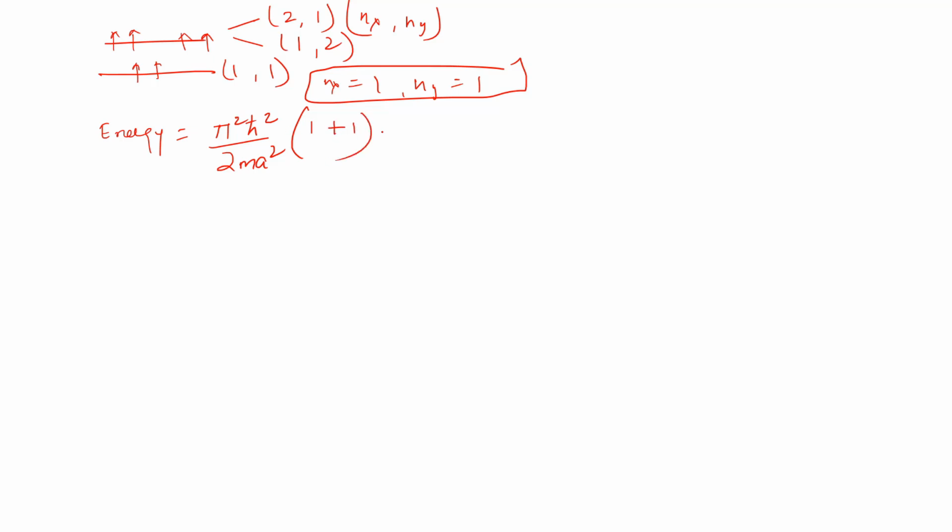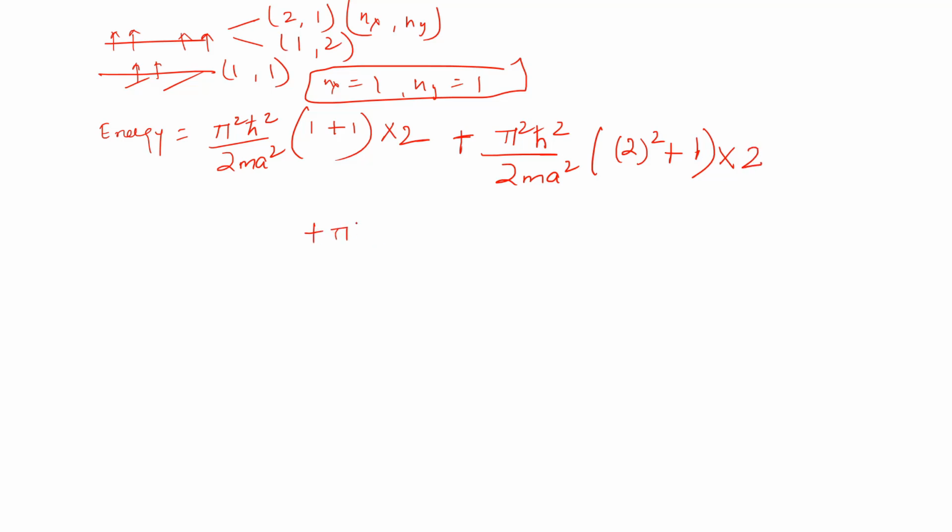For nx equals 2 and ny equals 1, how many electrons are there? There are 2 electrons, right? Again, when nx is 1 and ny is 2, how many electrons are there? 2. Solve it, and we'll get the ground state energy.